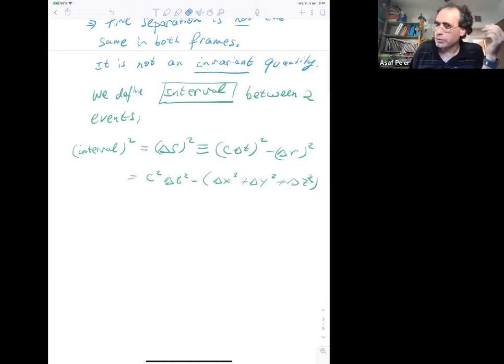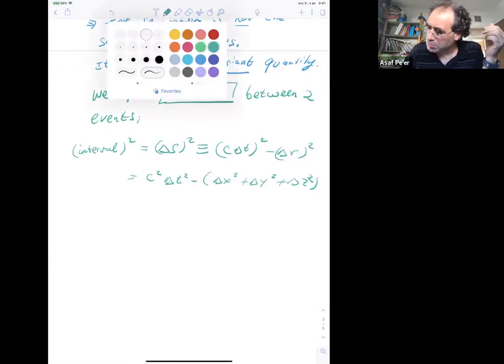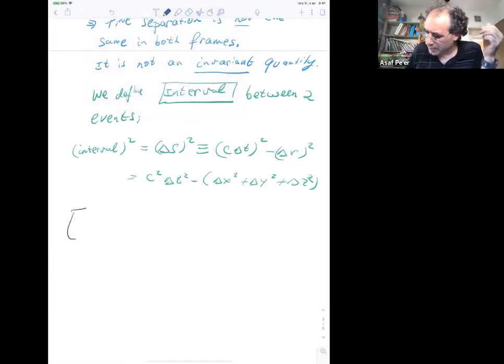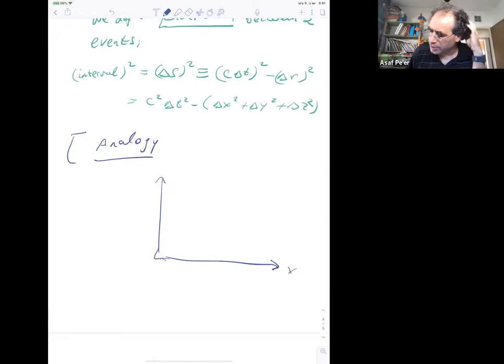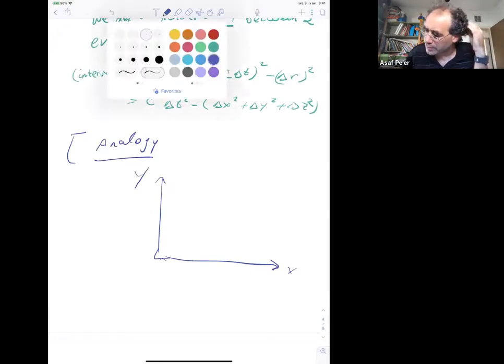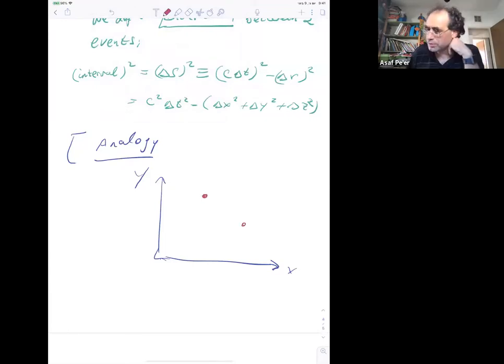If we look at the 2D Euclidean space, and let's say I'm the observer, I have x, y, and I have two points, point 1 and point 2, with coordinates x1, y1 and x2, y2.